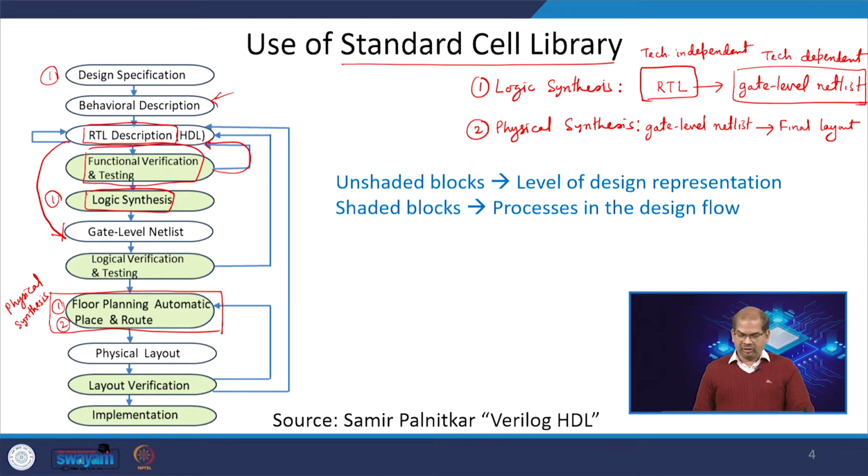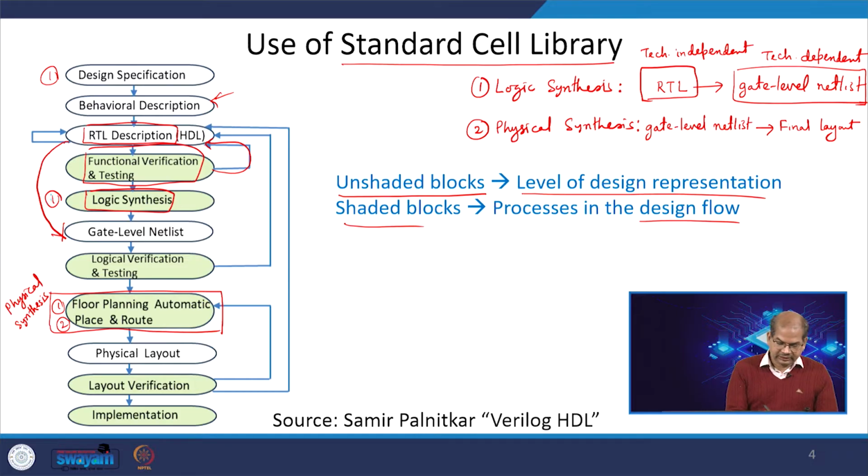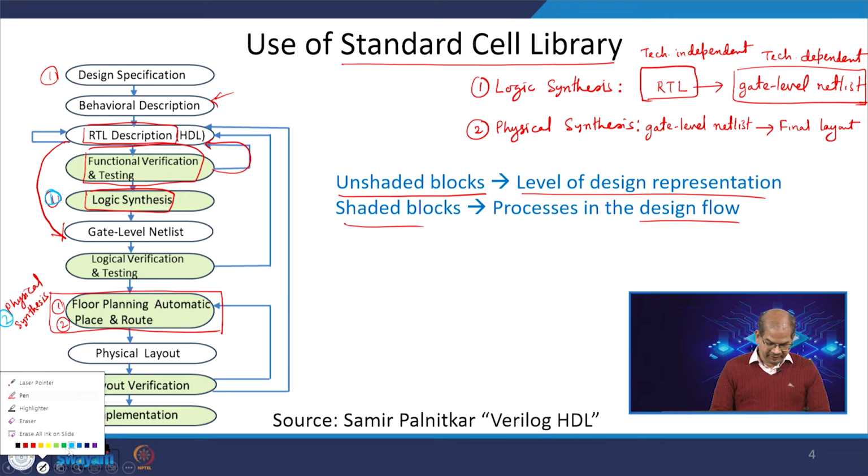Here, all the unshaded blocks are the different levels of abstraction. The shaded blocks are the processes in the design flow. The shaded blocks are logic synthesis, which is one, and physical synthesis, which is two. These two are the main processes in the design flow, and the different levels of abstraction, or the levels of the design representation, are given here.